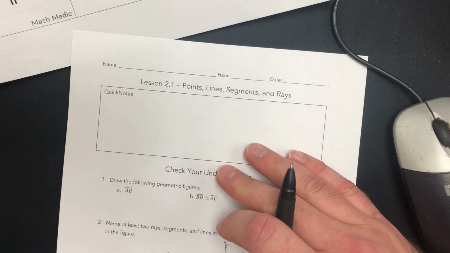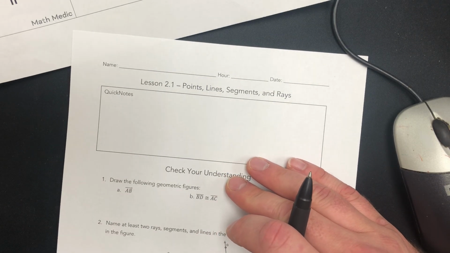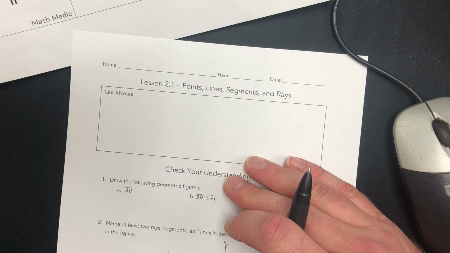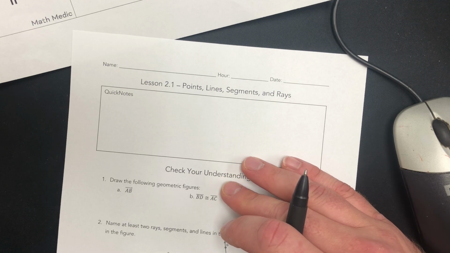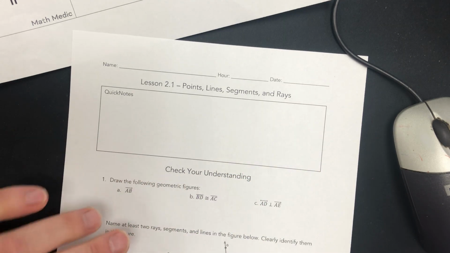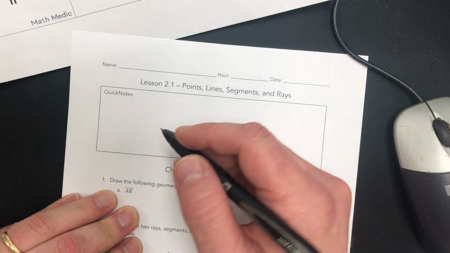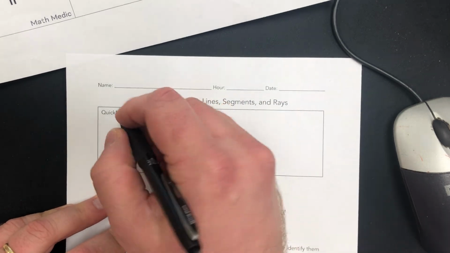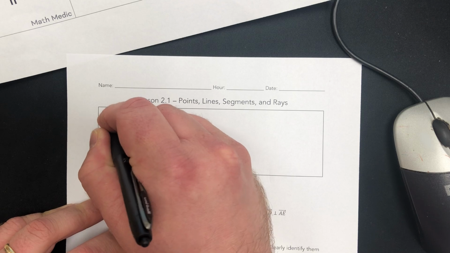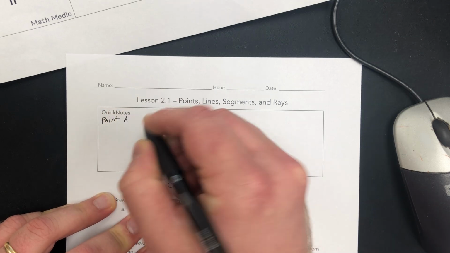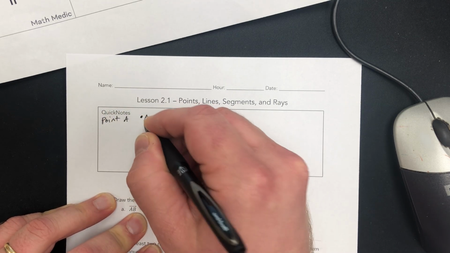All right, let's do our quick notes. If I spoiled it for you by showing that I have the answer key printed out, no, I memorized everything. If we have a point, the point A, we draw a dot with a little A on it.